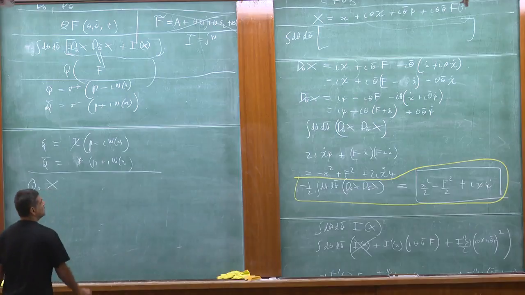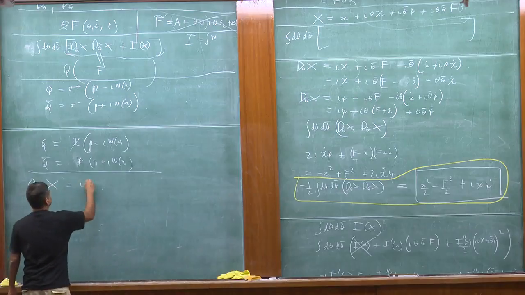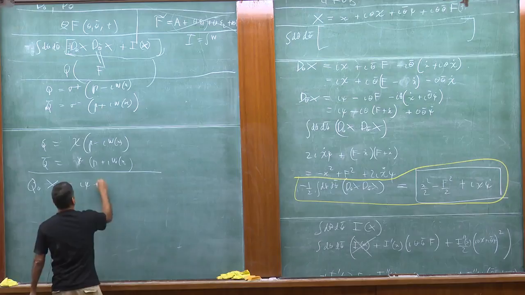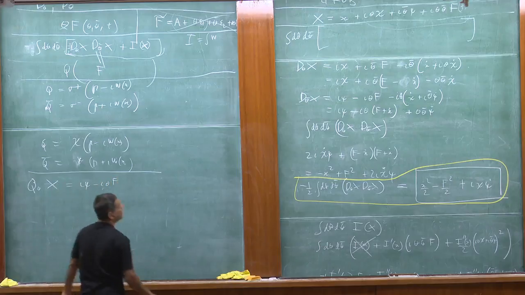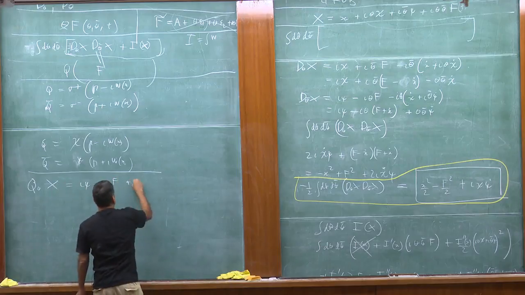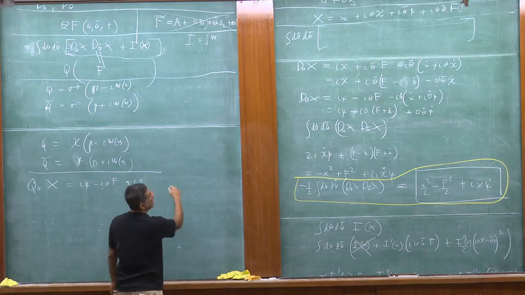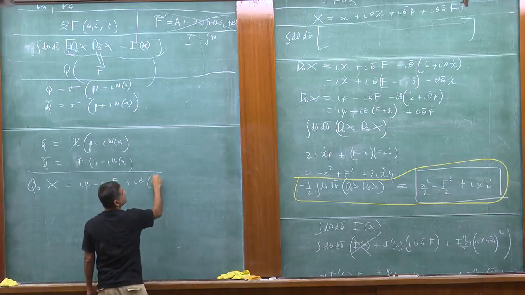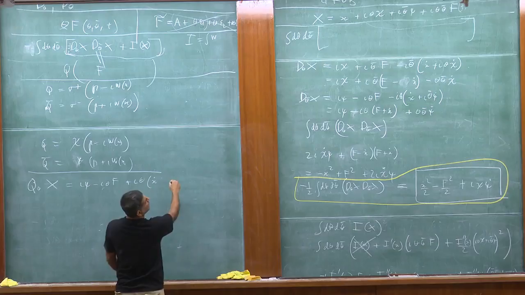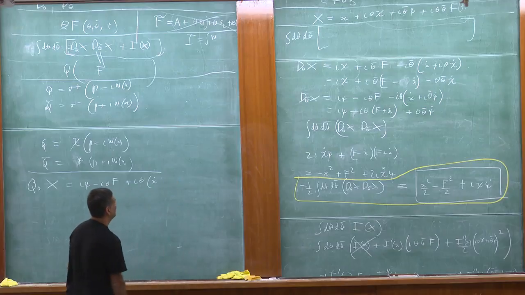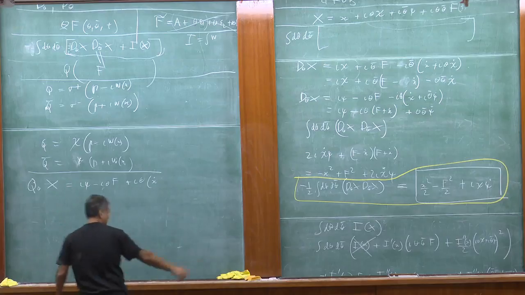Right. So that was equal to I psi minus I theta f plus I theta into x dot. This is q bar, right? I'm doing q bar? That's d theta bar. Thank you.